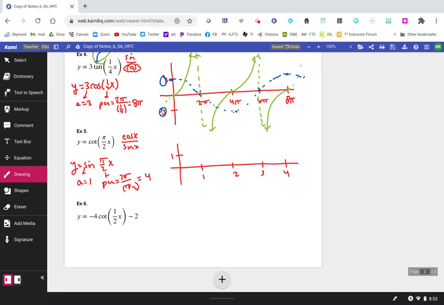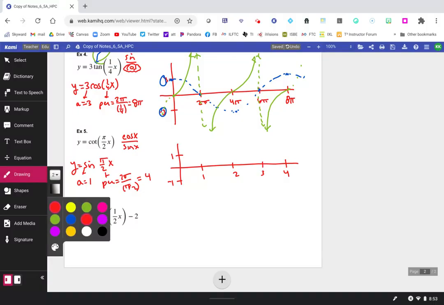So I do label the amplitude, even though it really doesn't have that much of a significance. The only reason I'm doing that is because that guides me now when I want to graph my sine. And sine snakes from the middle, top, middle, bottom, middle. So I can lightly graph that, but I'm really just concerned about those middle pieces, because when I graph cotangent now, wherever I just said middle, that's where I'm going to be giving my asymptotes.